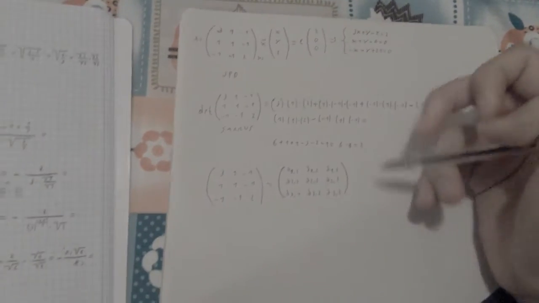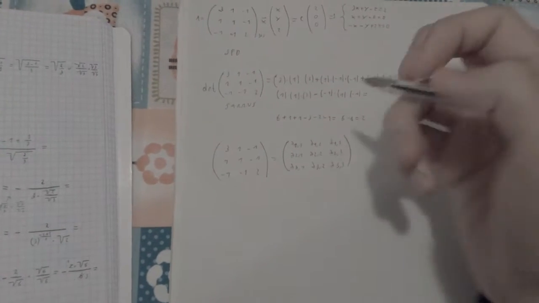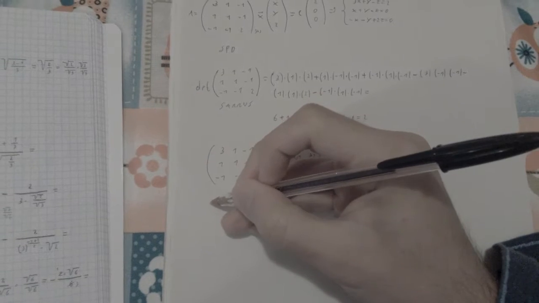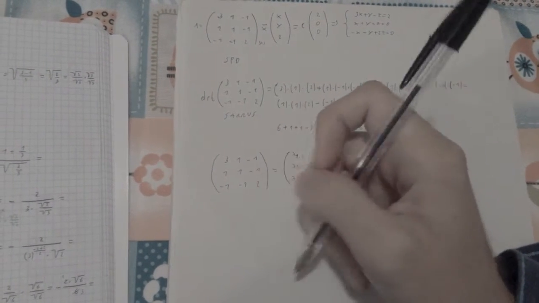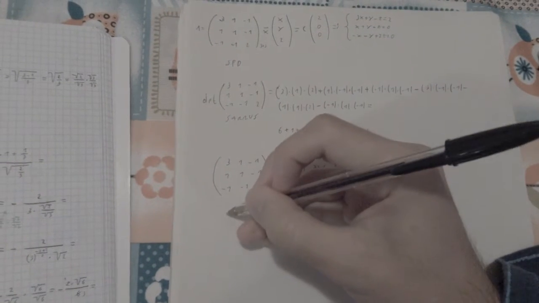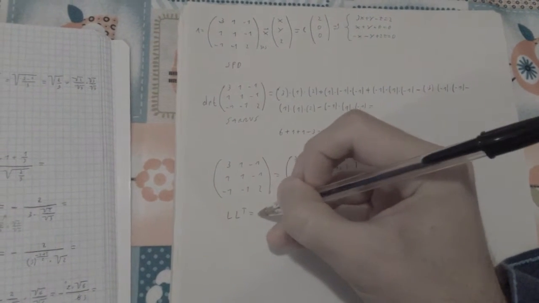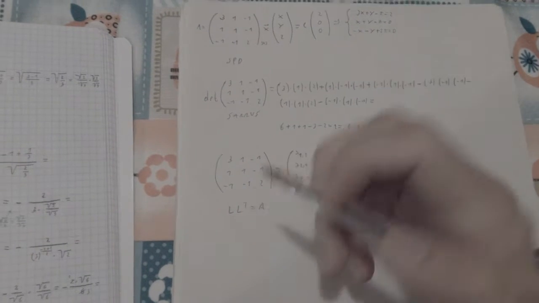What we want to find is the lower triangular matrix L and its transpose, because L times L transpose is going to be equal to A.